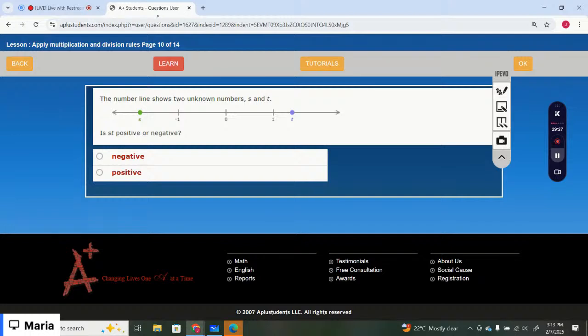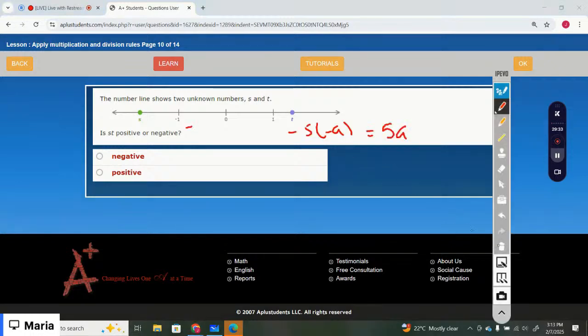S is on the negative side, on the left hand side of the 0, and T is on the right hand side. So S is a negative number and T is a positive number. The product of a negative and positive number is always negative.